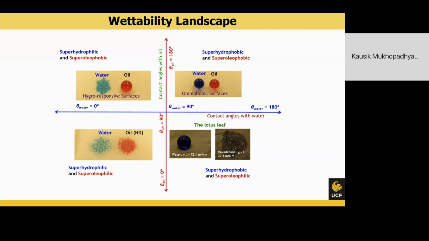By oil, we also mean the organic liquids, which have low surface tension. With water, it's nowadays easy to make superhydrophobic surfaces, which by definition have a contact angle above 150 degrees. But new definitions also require contact angle hysteresis below 10 degrees, which I will discuss later.